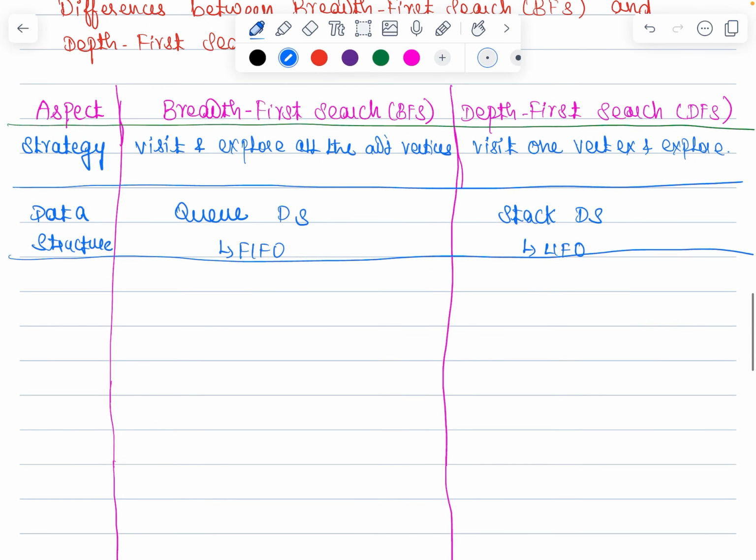The third difference is the traversal order, the traversal order of each and every vertex. BFS traverses level by level, in a breadth first manner.